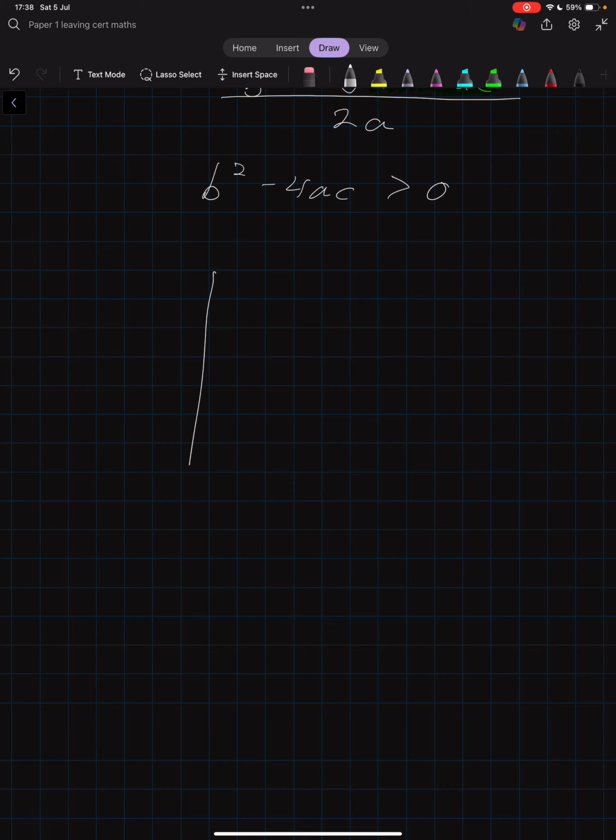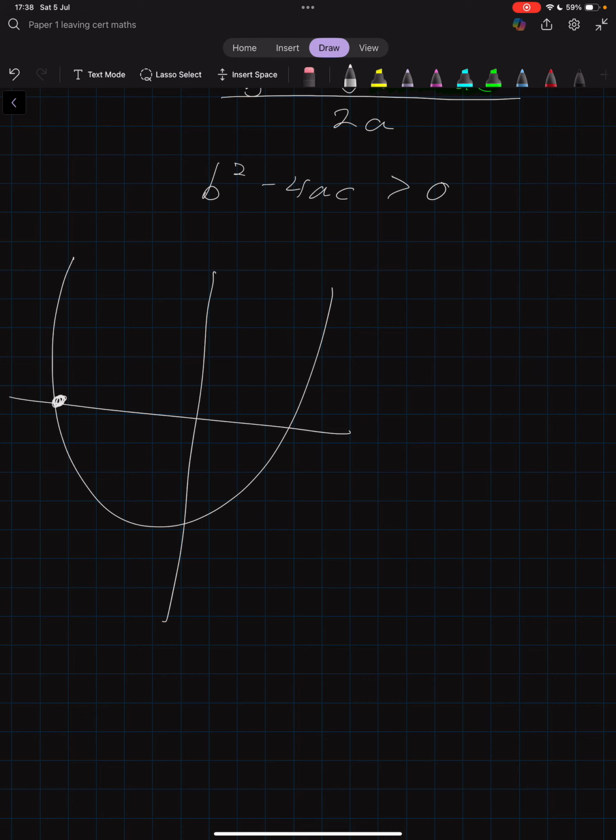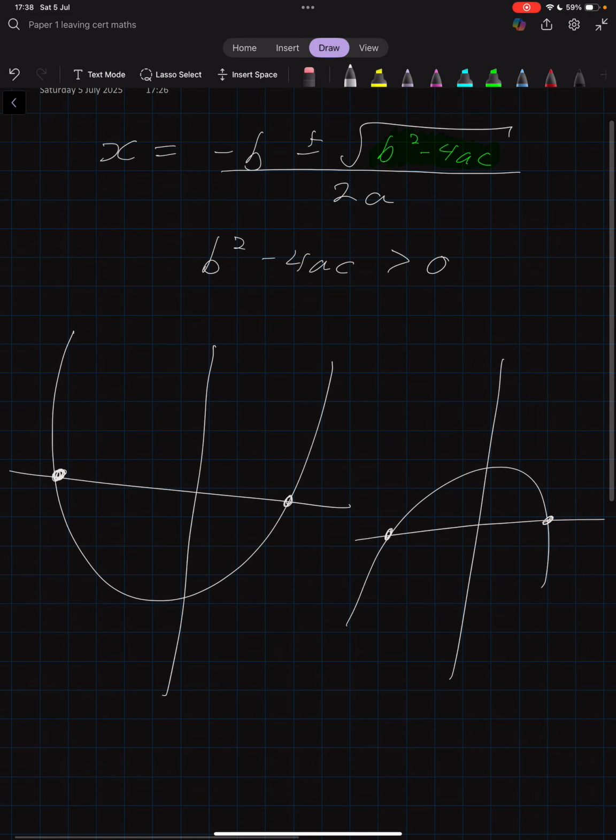Either your quadratic will look like this, where that's root number 1 and that's root number 2, or it'll look something like this, where that's root number 1 and that's root number 2. But it's just to say that if in an exam they ask you to show that this equation has real roots, all you have to do is show that this is greater than 0. Okay?